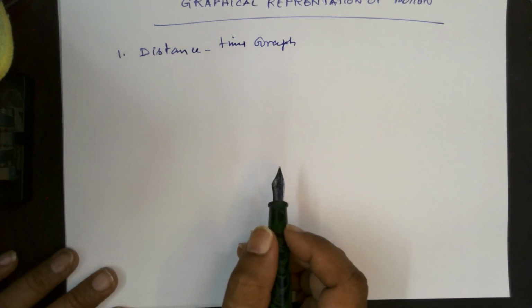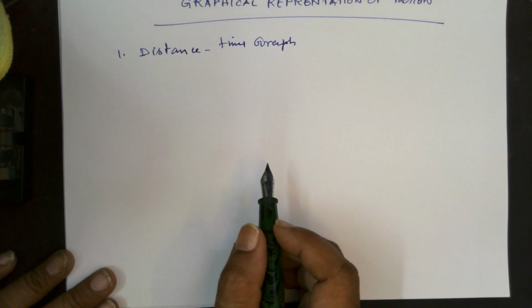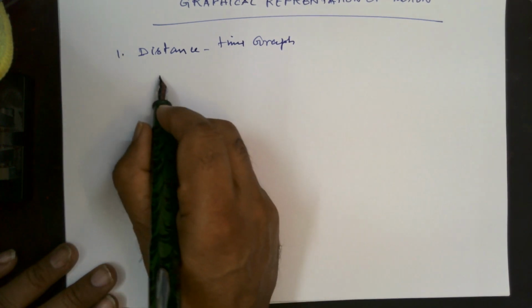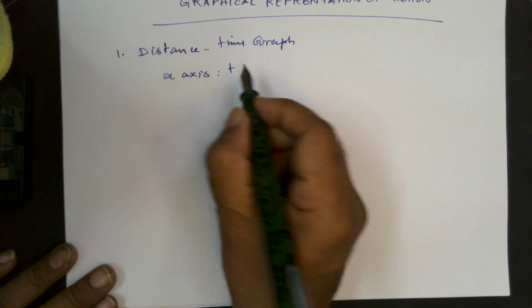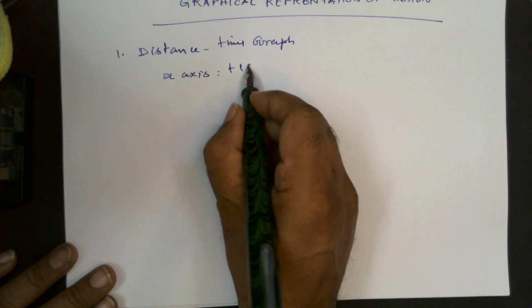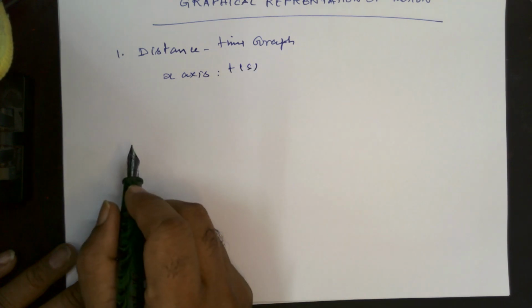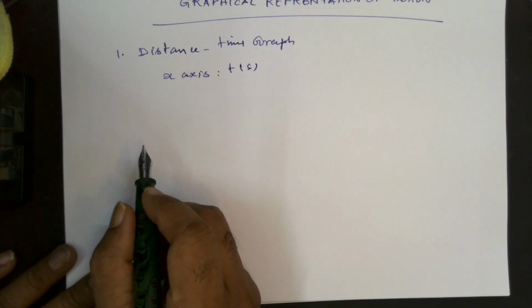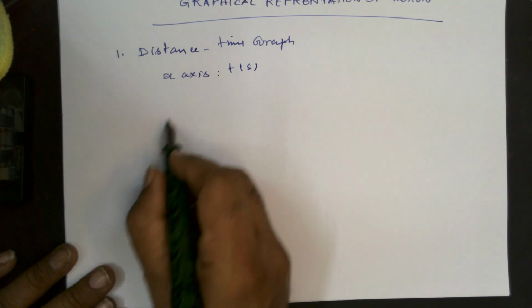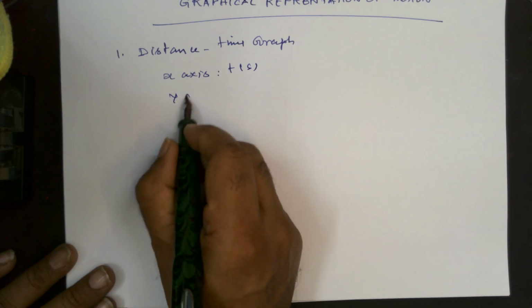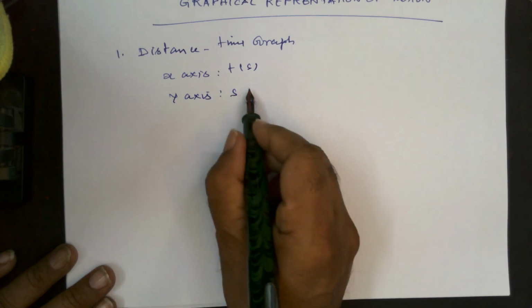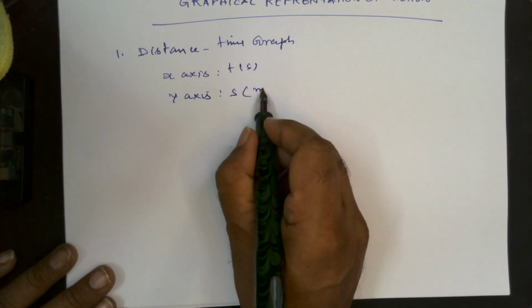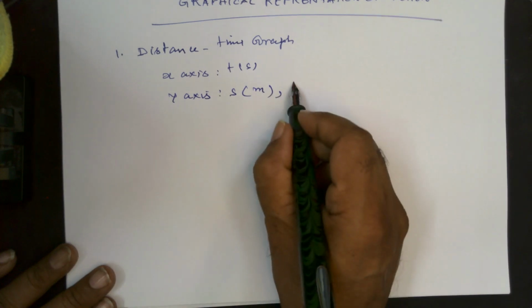Usually in the x-axis we take time t in second, and distance is taken in the y-axis. It is represented by s. S means distance, and its unit is meter. That is distance.